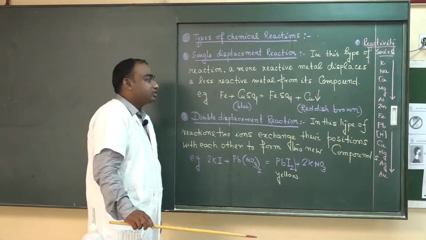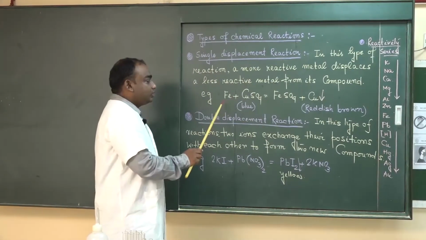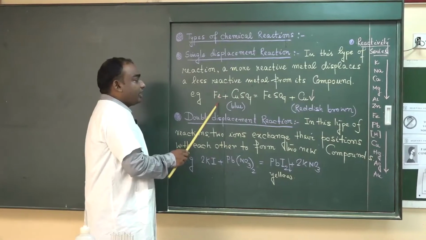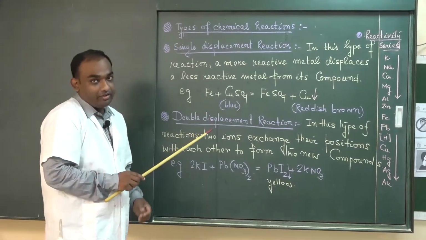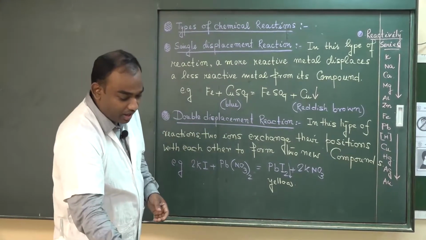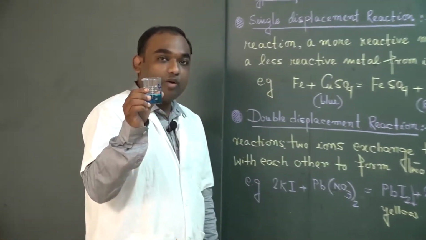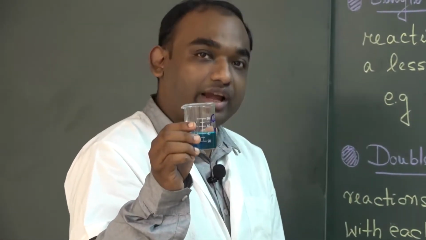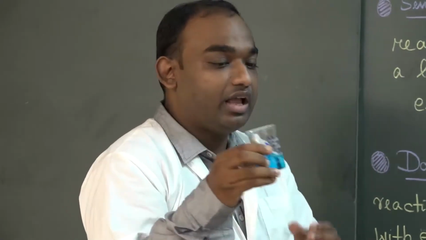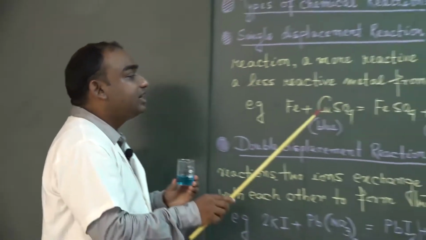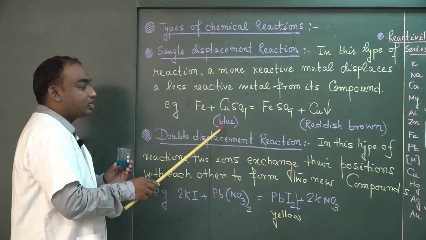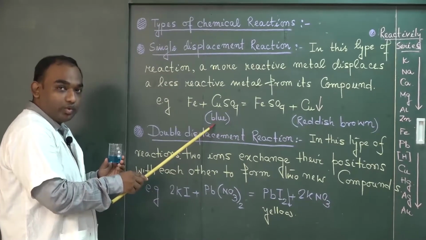Okay, students. So, now we are proceeding to this reaction and we are trying to perform an activity for this. So, students, now I am having this copper sulphate solution in my right hand, which is blue in color. Already, students, it is written in the reaction that this copper sulphate will be blue in color.